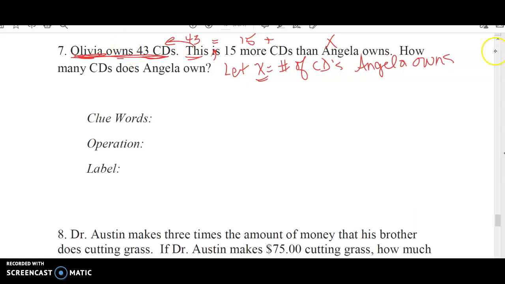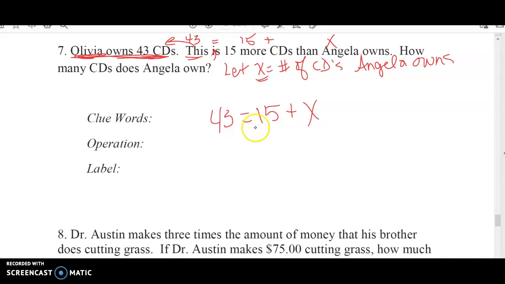So here we said Olivia owns 43, so 43 is 15 more CDs than Angela owns, because Angela owns X amount. We don't know what she owns yet. I know a lot of you knew, oh, if I just take 43 minus 15, it's going to get me how many Angela owns. But what we're trying to do is create equations based on these word problems.